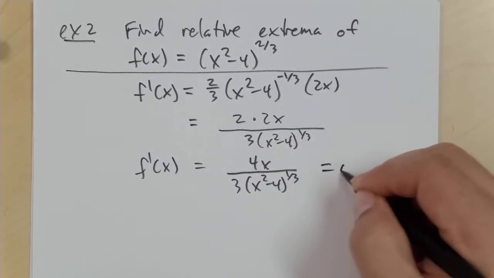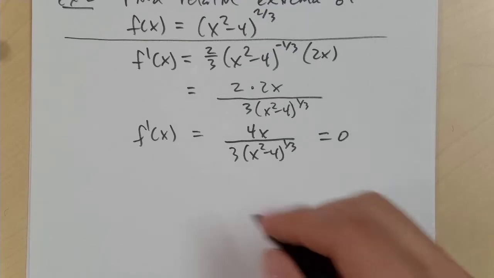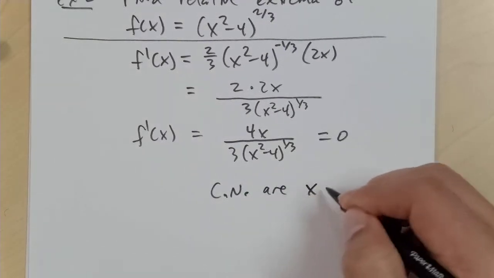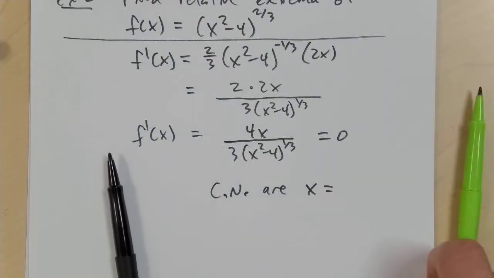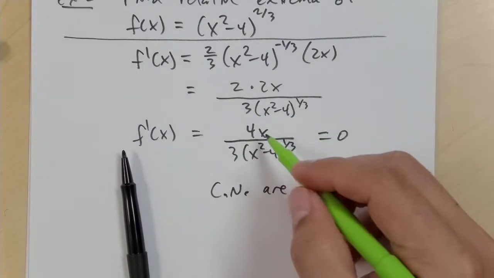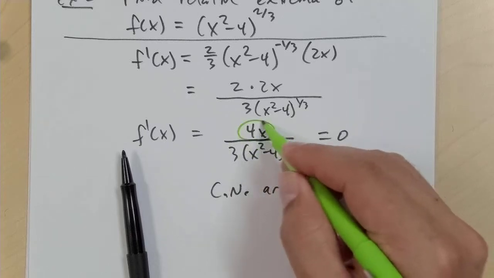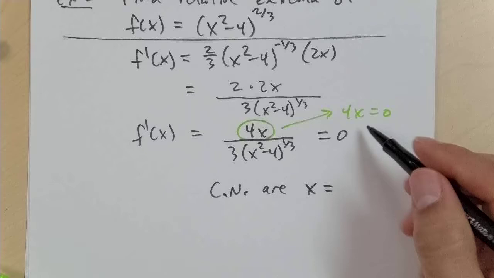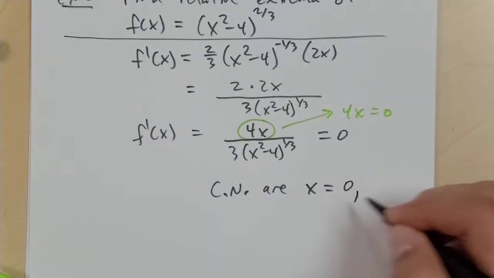Now I set it equal to 0. Okay, critical numbers are x equals, so we want to figure out two scenarios, right? When does this equal 0? It equals 0 when 4x equals 0. If I solve that equation, I get x equals 0.